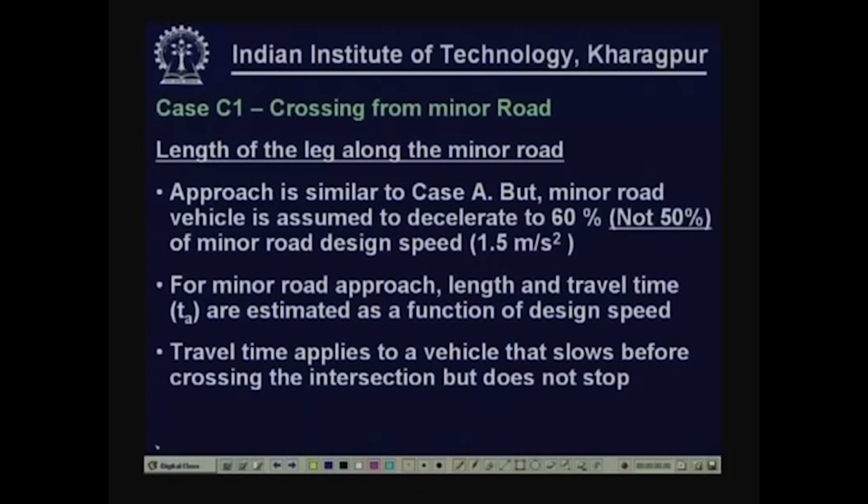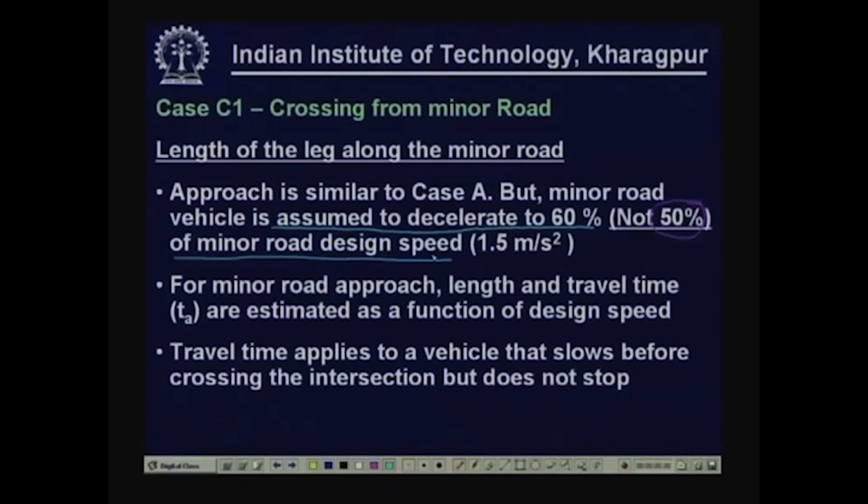For case A, or no control, it was assumed that vehicles will decelerate to 50% of minor road design speed. In this case it is not 50%, it is 60%.